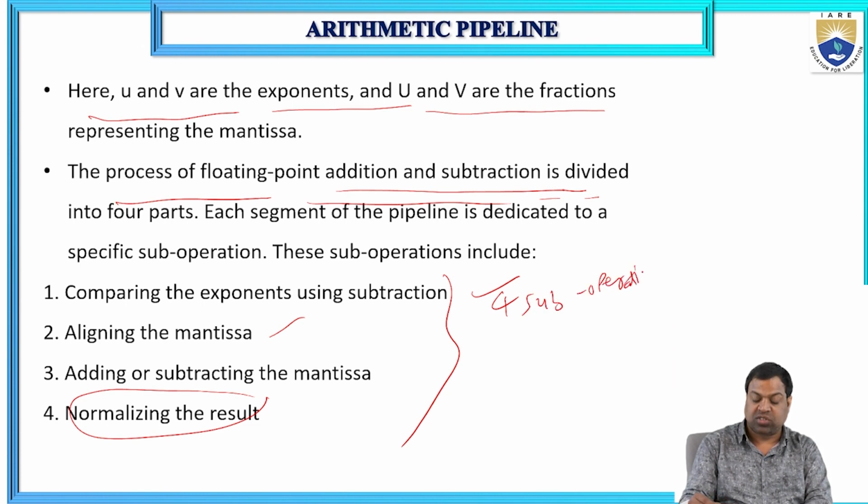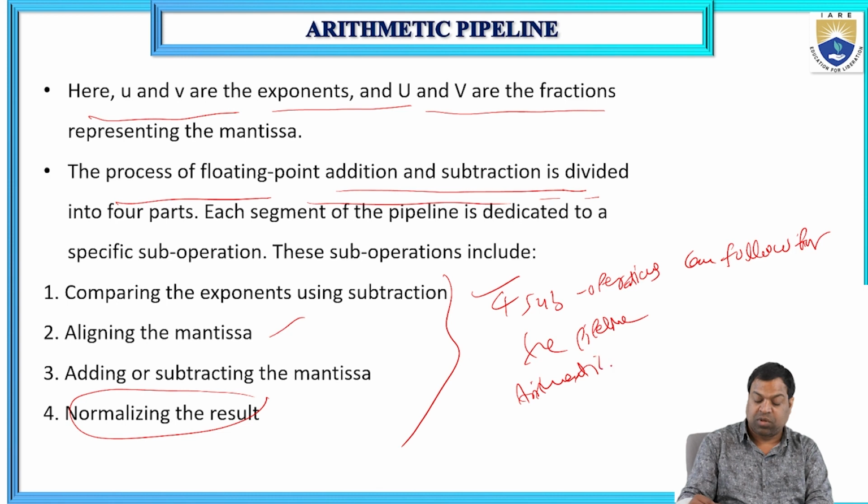Four sub operations can follow for the pipeline arithmetic operation.